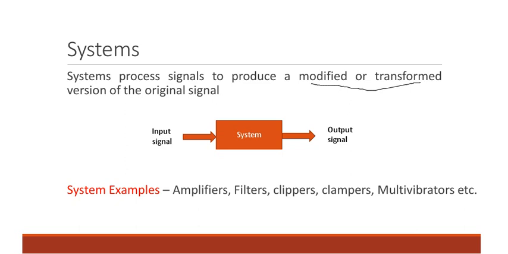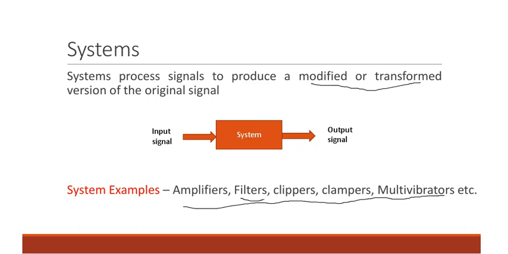What are the examples of systems? So I have listed certain examples which you have worked out, right? You have designed some amplifiers. So what do you do? You take the input signal and obtain a modified or amplified form of the input signal. So your amplifier definitely is a system. Why? Because it has modified your input signal to generate a new form of output signal.